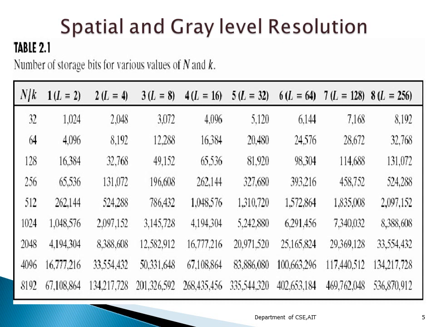So the levels will be increasing. When you increase the level, the number of bits required for storing an image also increases. If you have more pixels, more bits in your image, that means you have more information in your image. That means a lot of information will be stored in the image. That is the concept of spatial and gray level resolution.